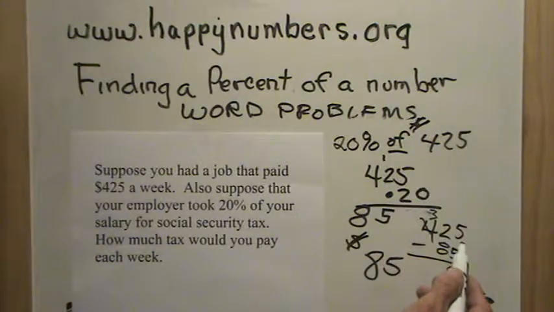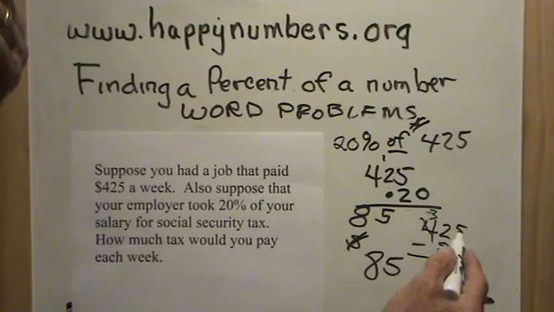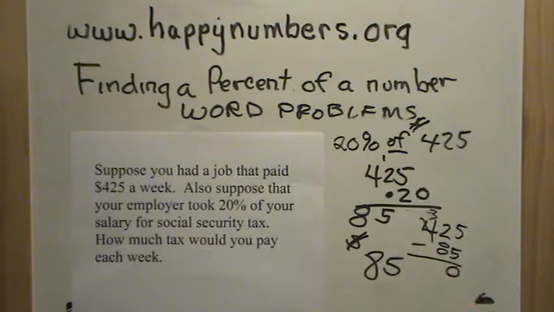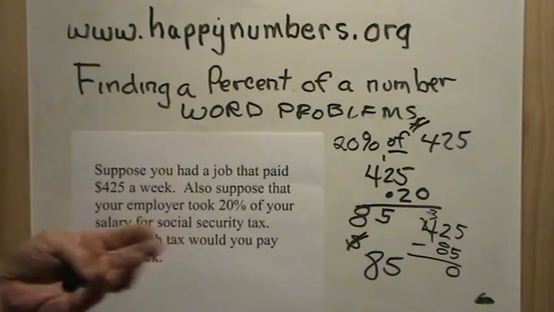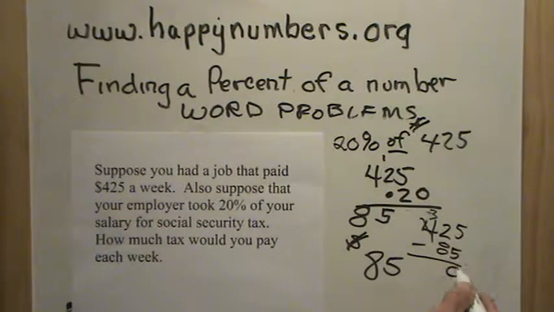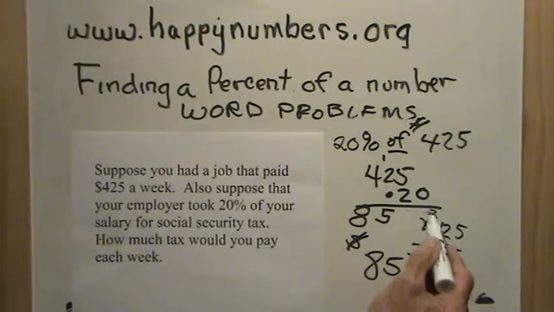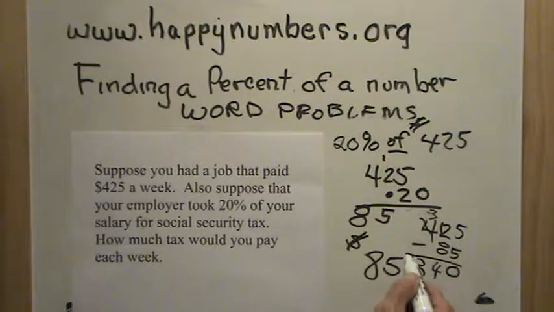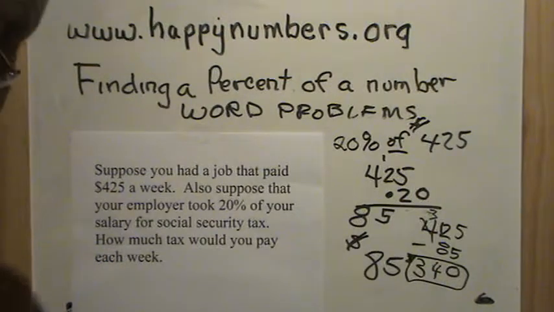So I make 425 a week and they take 85 away. So if I subtract 85, that'll tell me how much money I actually get to take home. 5 take away 5 is 0. 2, I have to borrow. 12 take away 8 is 4, and I borrowed and made that. So actually, I'm taking home $340.